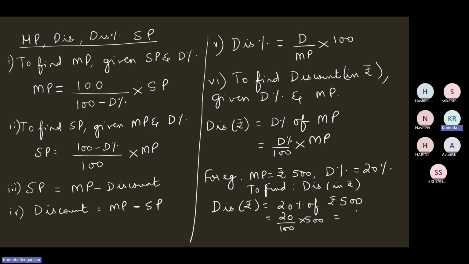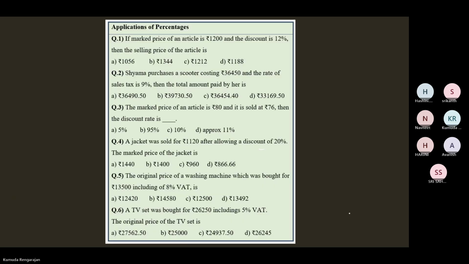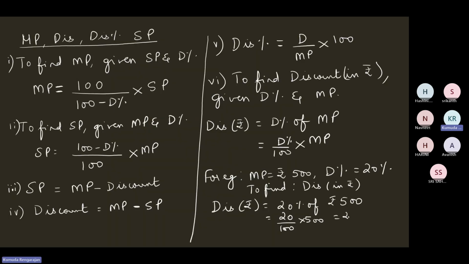Upon simplifying, you get rupees 100. Oh, now it's clear. I'm getting 100 rupees discount. So 500 is the price, but 20% discount means 100 rupees discount. So you're happy, 100 rupees discount. So you're paying 400 rupees.